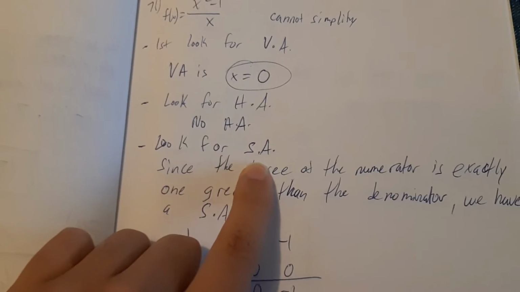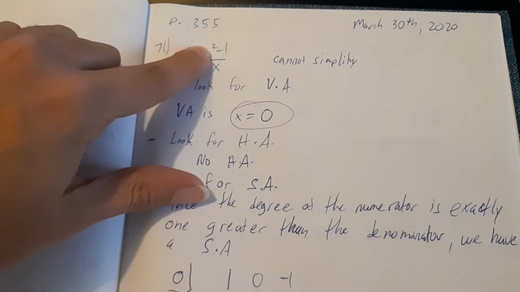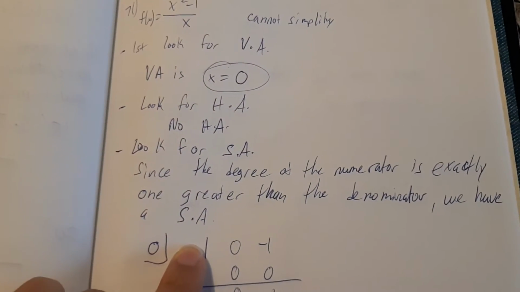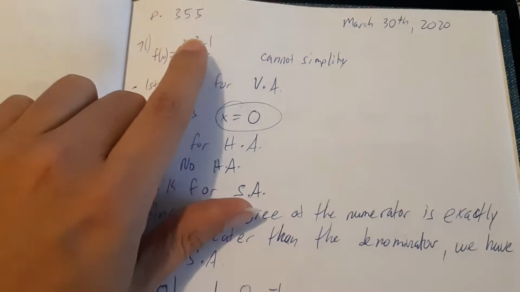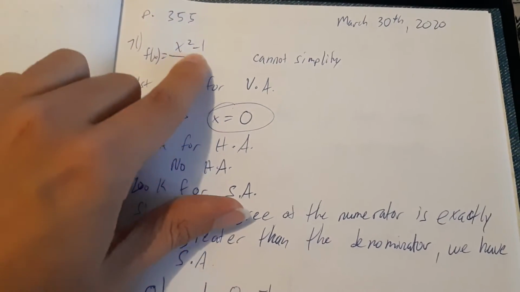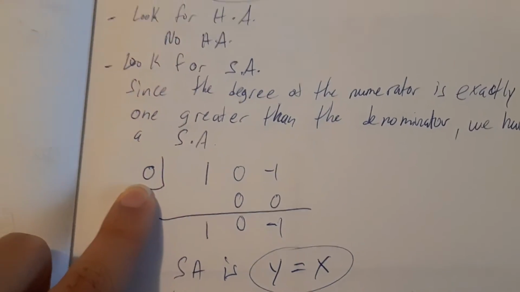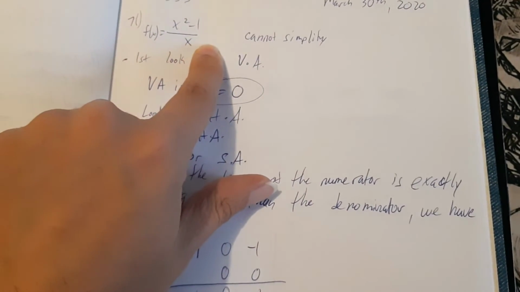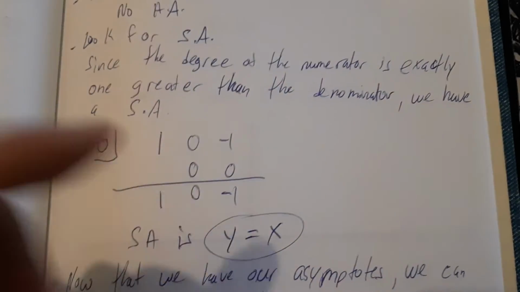Which brings us to the slant asymptote. Because our numerator's exponent is exactly 1 greater than the one from the denominator, we have a slant asymptote. And how would we find it? Well, we divide the numerator by the denominator. In this case, we use 0, because that is the number being added to the denominator, x plus 0. I didn't write the result here, so let's write it real quick.